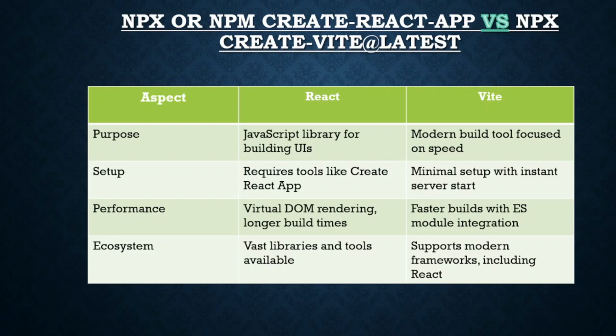React is generally known as a JavaScript library for building UIs, and Vite is a modern build tool focused on speed. So normal create-react-app will have lesser speed when compared to Vite.